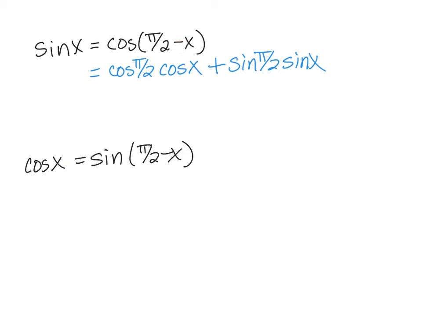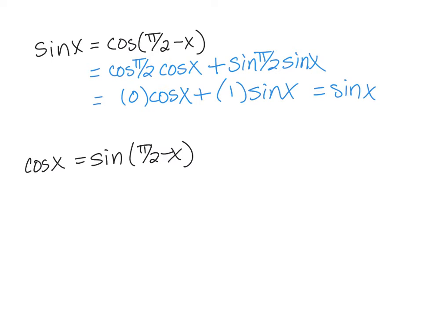If this is subtraction with a cosine, it changes to addition. Sine stays the same. Okay, cosine of pi over 2 is 0. Sine of pi over 2 is 1. And I have proven the cofunction identity using the sum and difference formula.